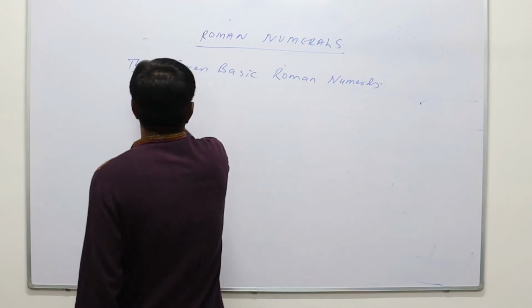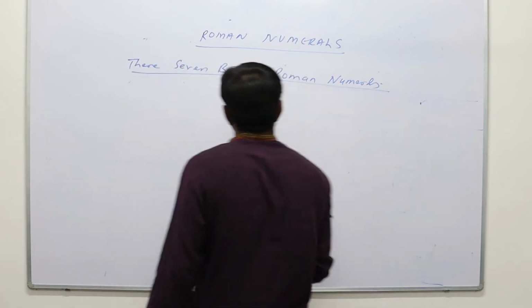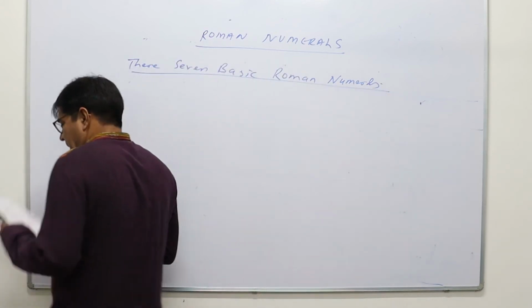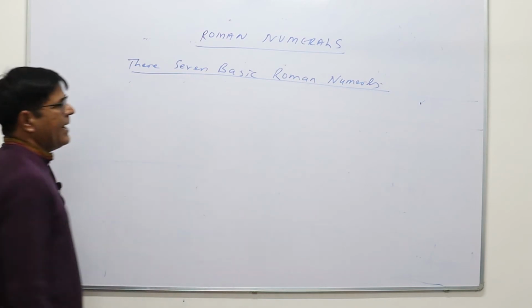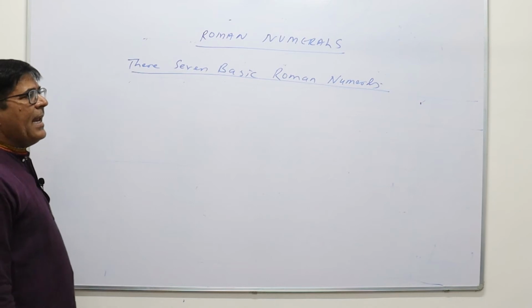So how will we write these basic 7 Roman numerals, and what will be their symbol and meaning?